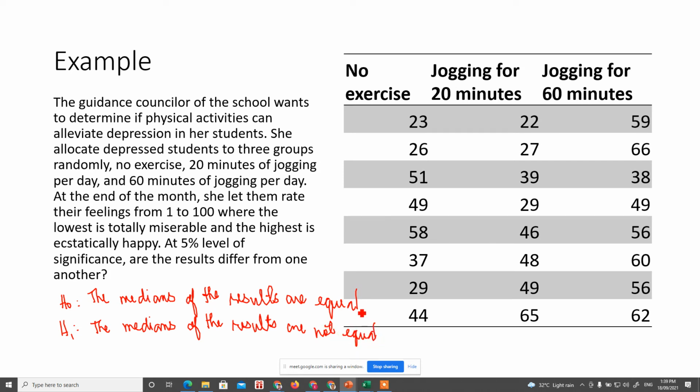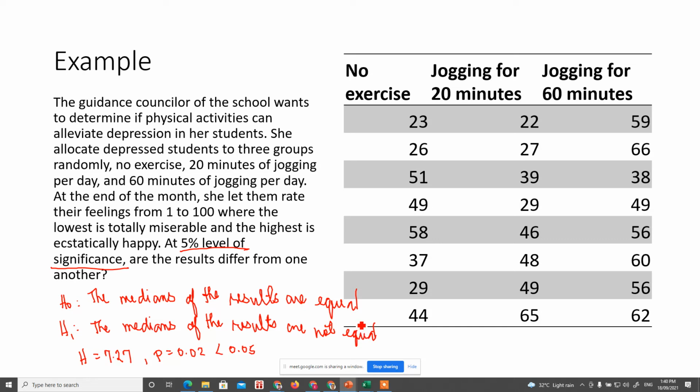As we can see in our results in MegaStat, the H is equal to 7.27 with a p-value of 0.02, which is less than 0.05 as indicated in our level of significance. In this case, we are going to reject the null hypothesis.